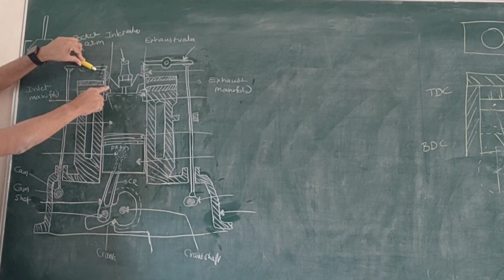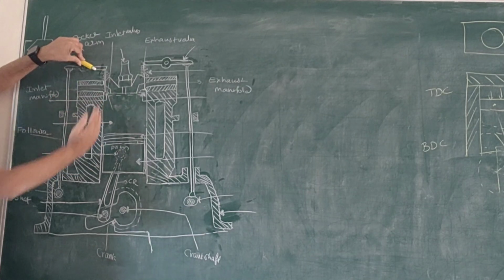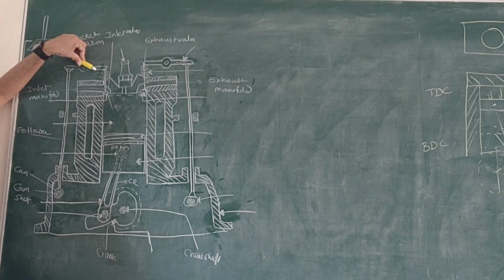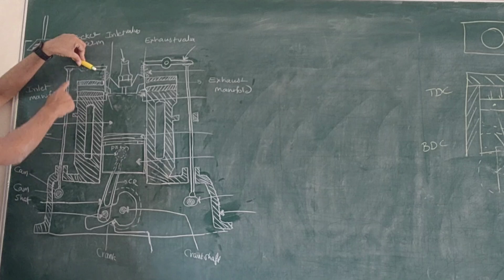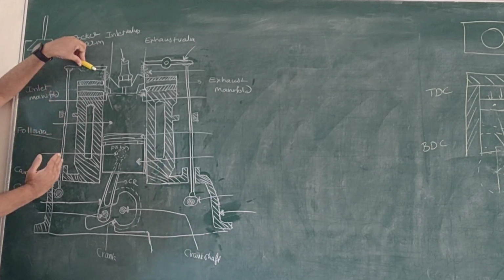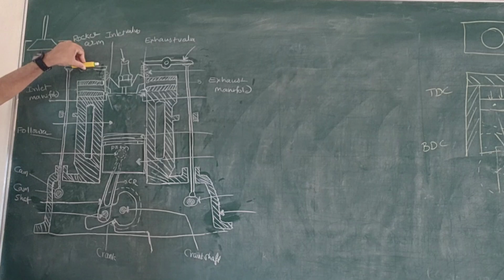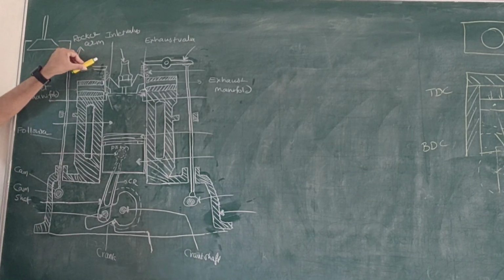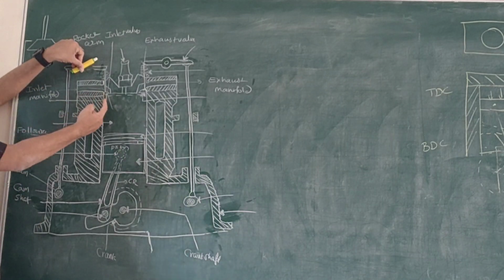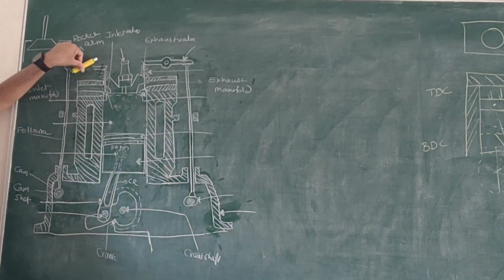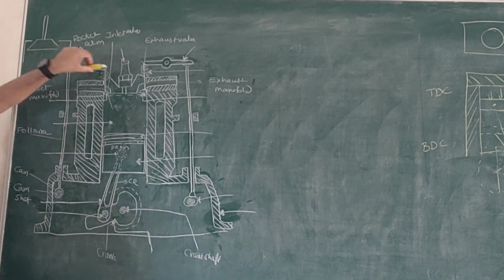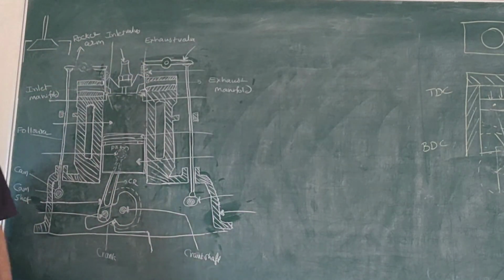Here this is connected to the inlet valve. That's why the inlet valve also moves downwards, so the manifold is open. And after some time, this rod will move downward again because of the action of the cam. Then the valve moves upwards and it is closed. In the same way, the exhaust valve is also opened and closed.